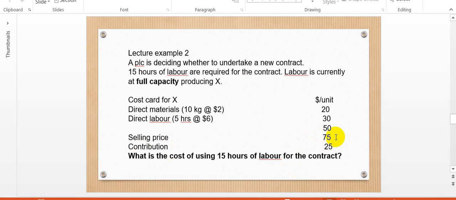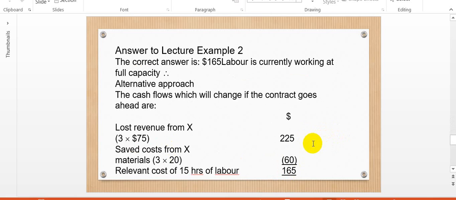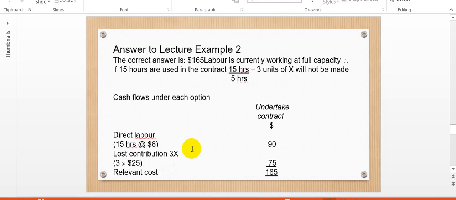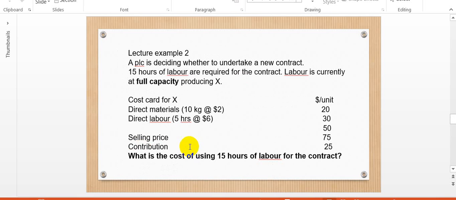The selling price here, 75, is our revenue, minus saved costs from producing X. To produce X, we require 10 kgs of material at $2, which gives us 20.